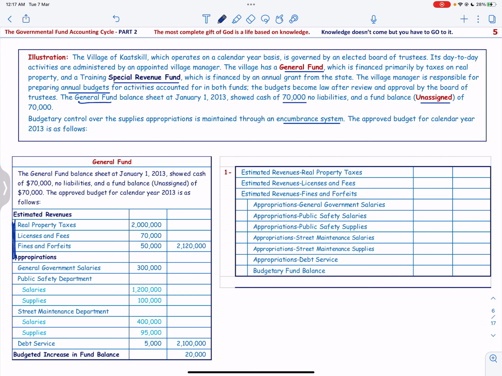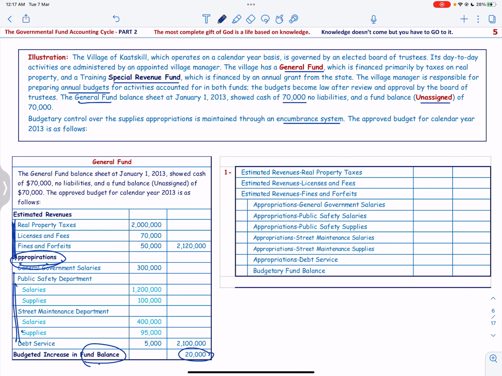The debit to estimated revenue means that the actual revenue will increase the fund balance, while the estimated expenditures, that is budgeted appropriations, are credit and they will decrease the fund balance.